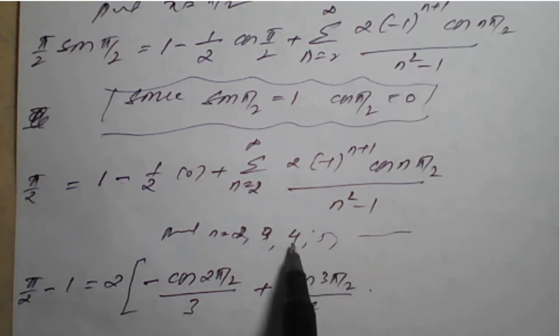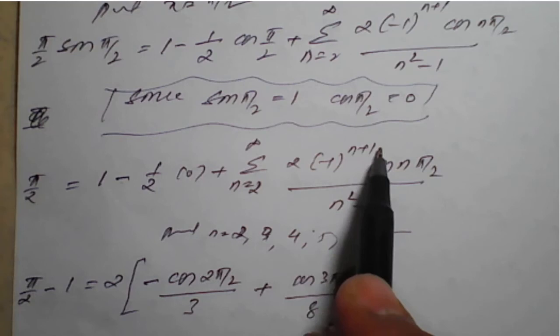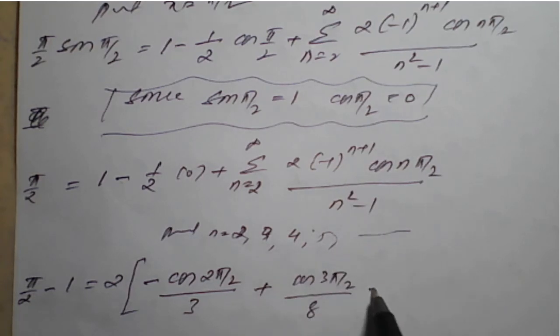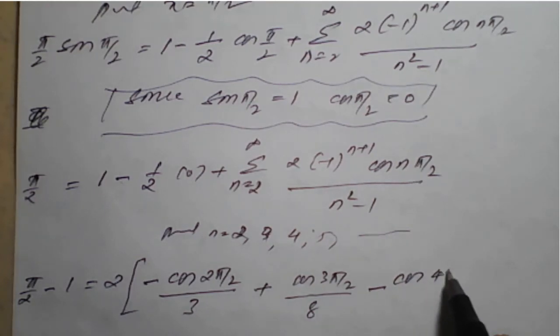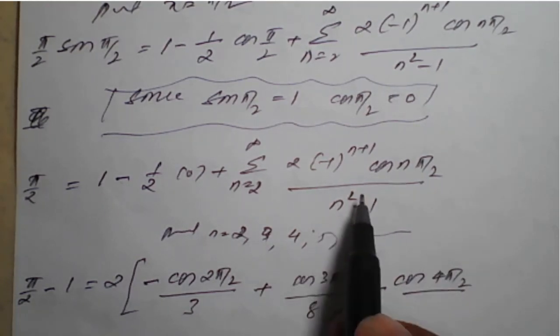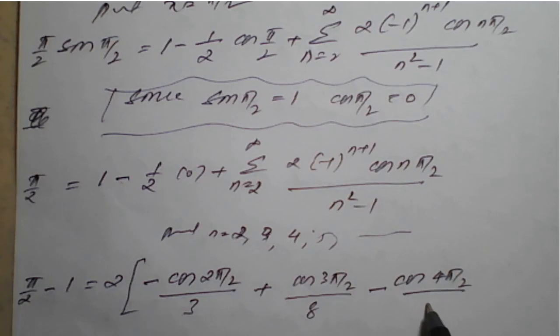Next, if you put n is equal to 4, 4 plus 1 is 5, odd number, minus sign. So cos of 4 pi by 2 divided by 4 square is 16, 16 minus 1 is 15.